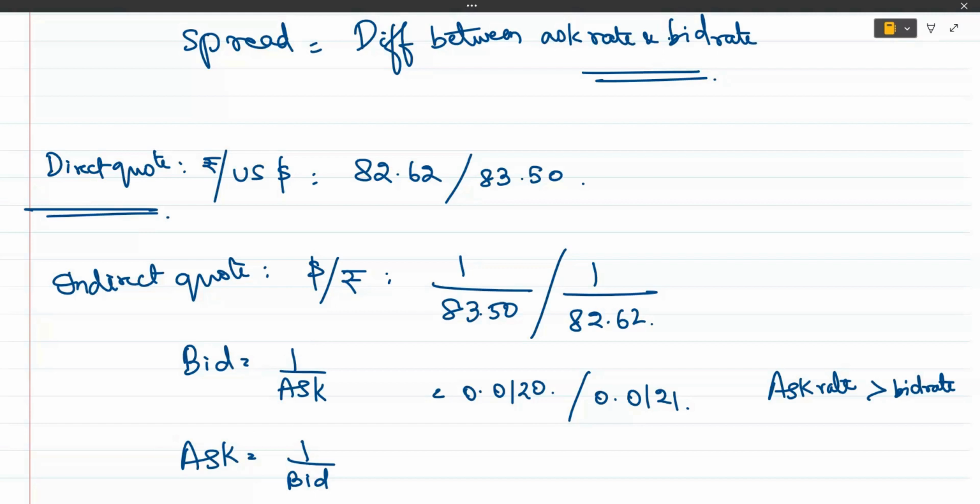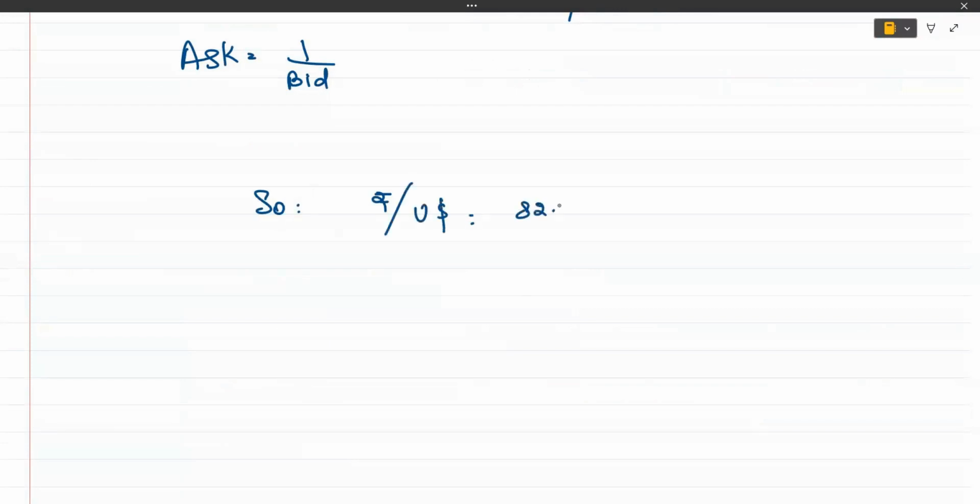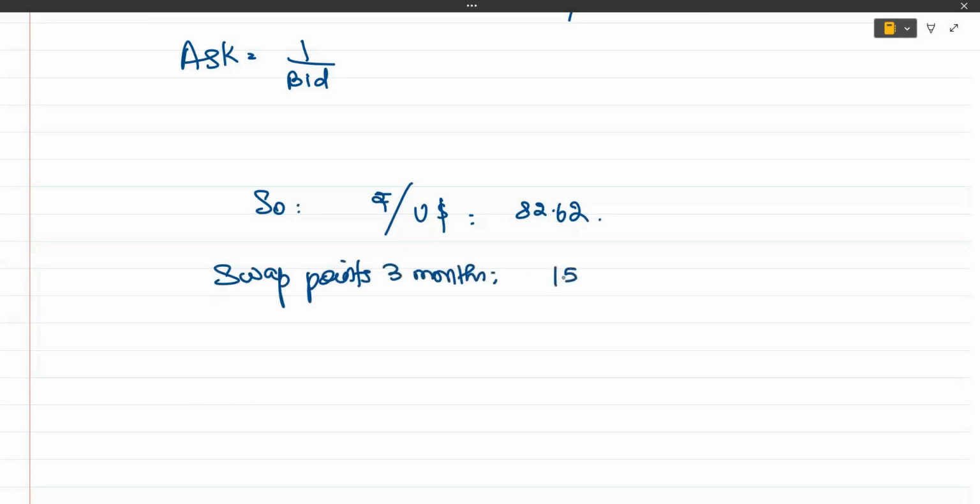Right. Now, suppose the spot rate is given as rupees per US dollar 82.62/83.50, and they say the swap points for 3 months are 15/20.